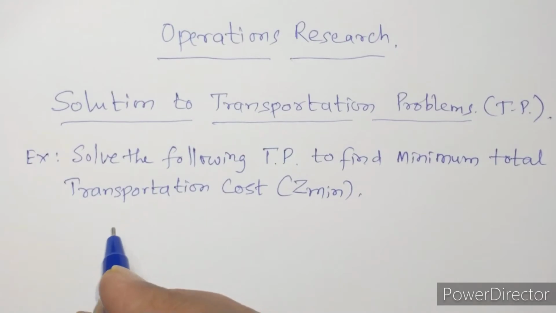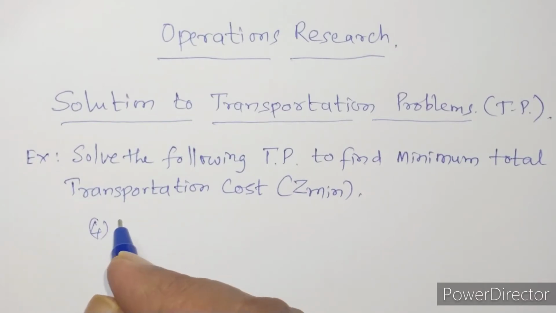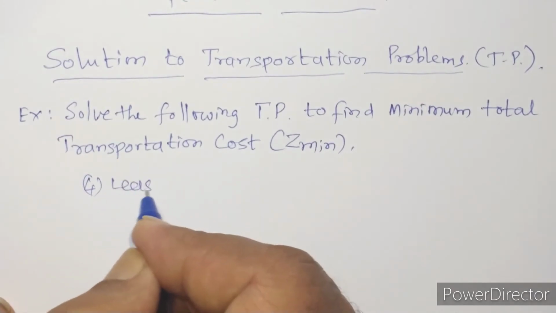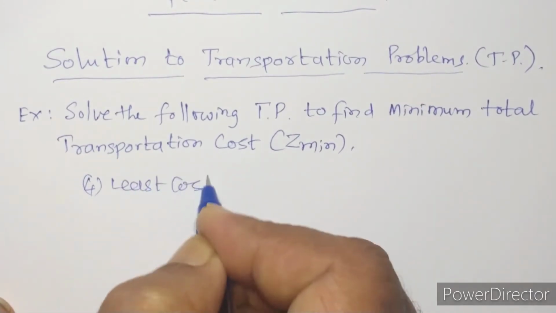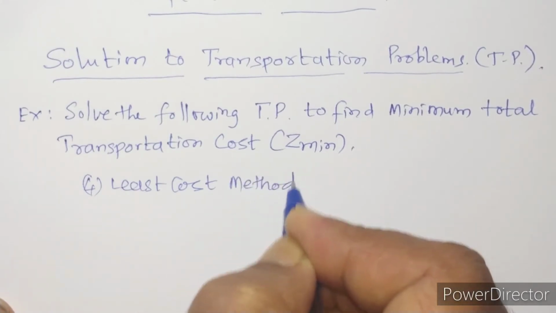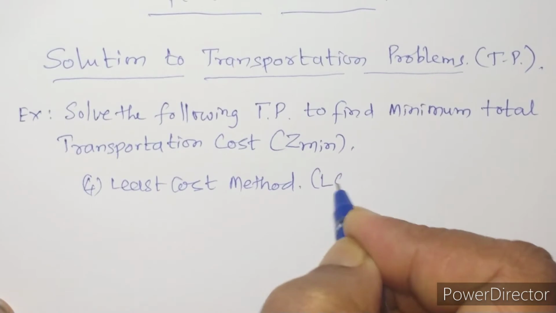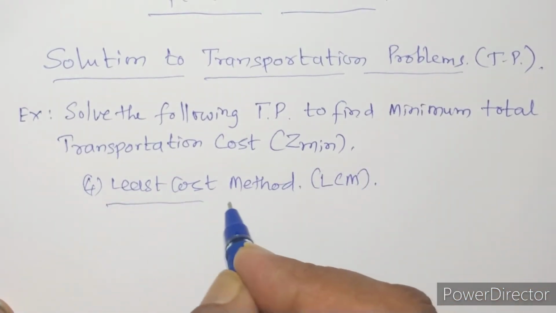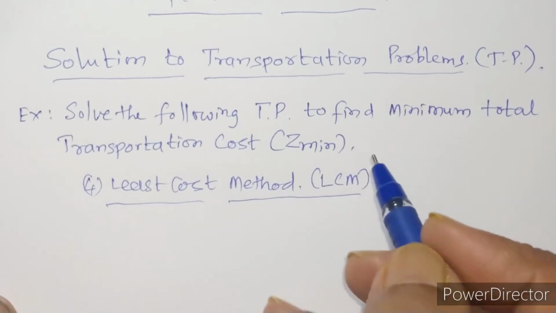And we will study the fourth method of finding the basic feasible solution to the problem, that is the least cost method. This is the fourth method, abbreviated as LCM, which is used to get the basic feasible solution to the problem.